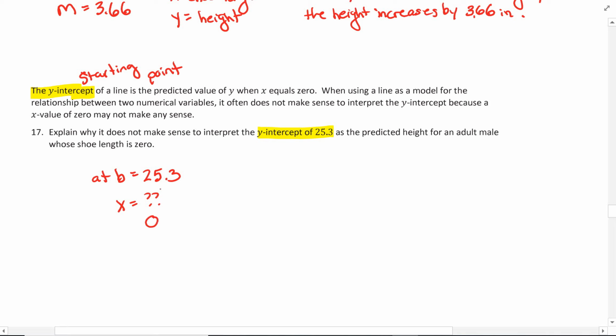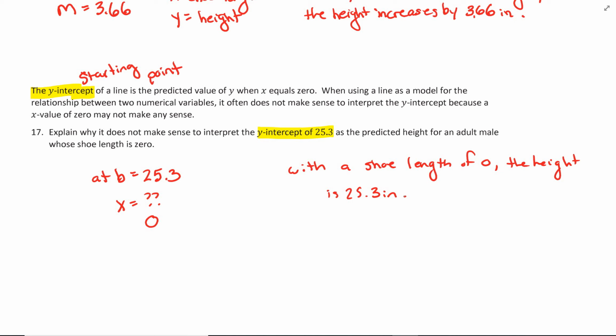So what you're telling me is that with a shoe length of 0, the height is 25.3 inches? So basically you're telling me if you have no feet, you are 25.3 inches tall.